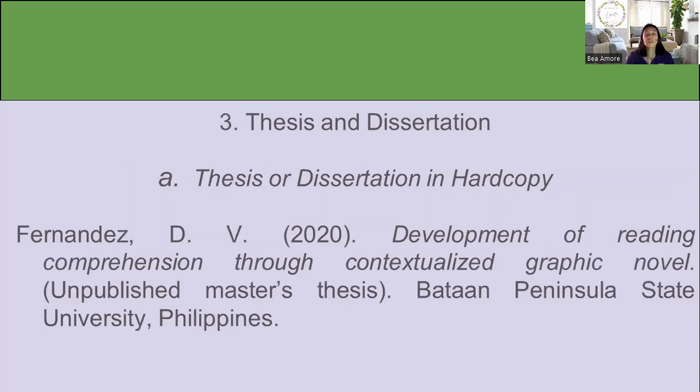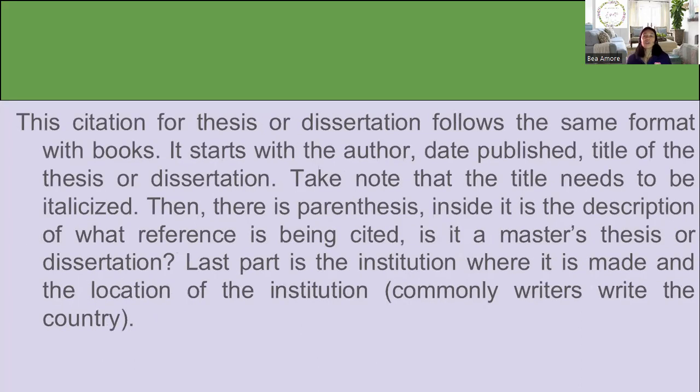For theses and dissertations, it is the same format: surname and name, year, then the title of the thesis or dissertation. Then indicate whether it is a published or unpublished master's thesis, and the place where it was published: Bataan Peninsula State University, Philippines. This citation for a thesis or dissertation follows the same format as books.